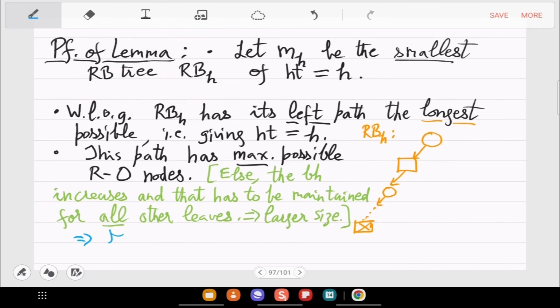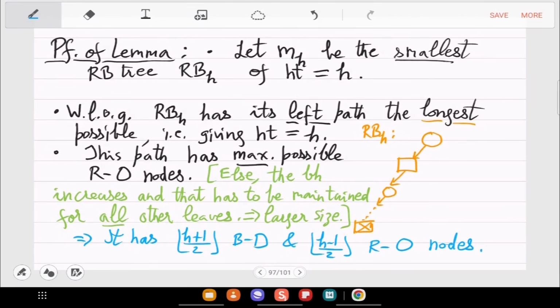So this means that this path has H plus 1 over 2 black nodes, and then H minus 1 over 2 red nodes. Is this clear?